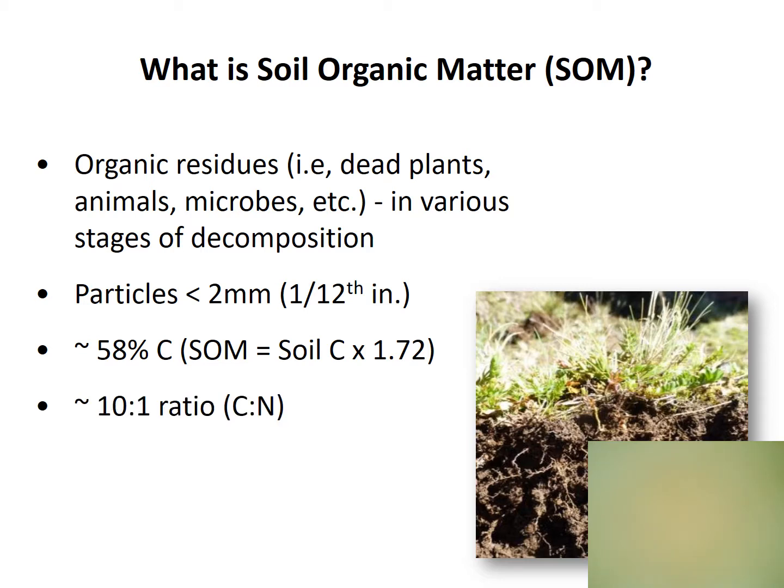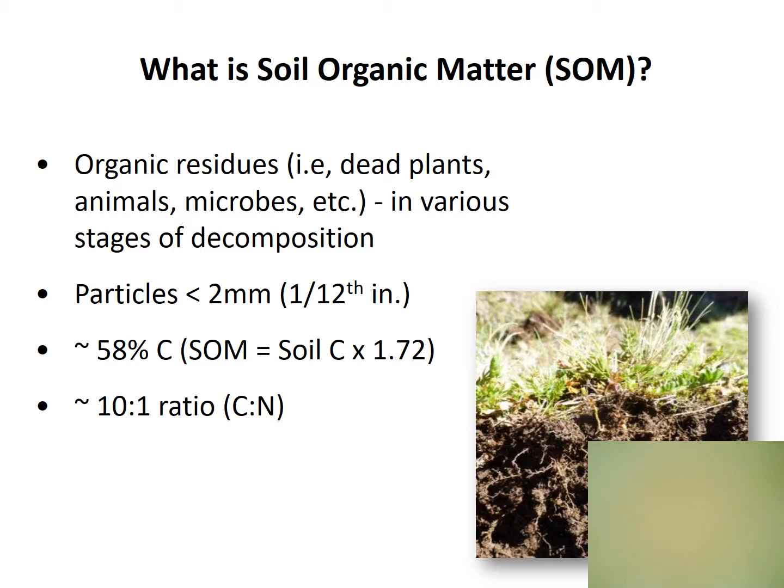On average, soil organic matter, and soils in general, have a ratio of carbon to nitrogen that's about 10:1. So there's 10 atoms of carbon to 1 atom of nitrogen. That can vary a little bit. It might be up towards even 15:1, but soils universally are 10:1 or 12:1 maybe. And this ratio is held pretty tightly.